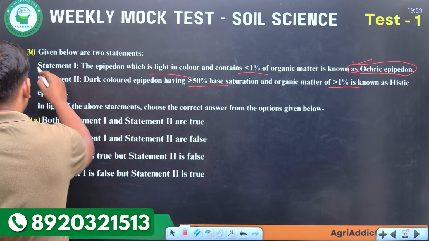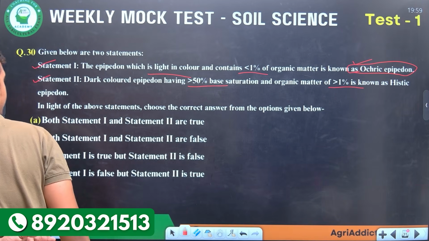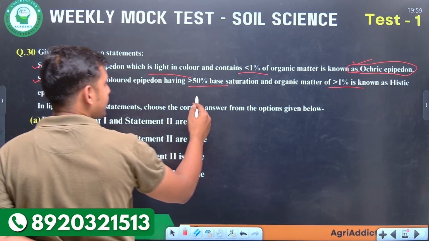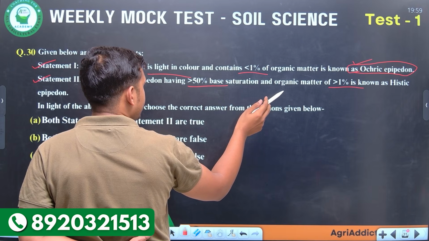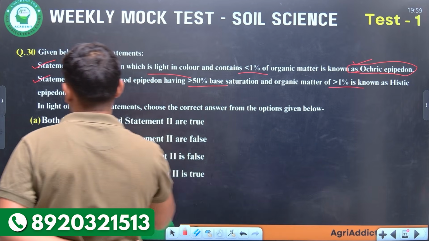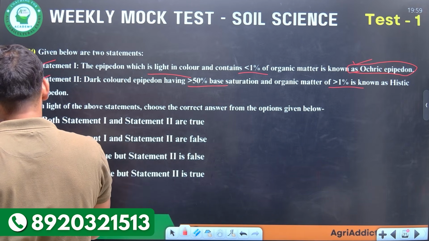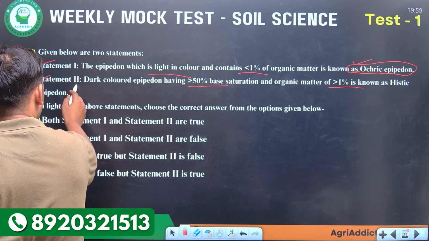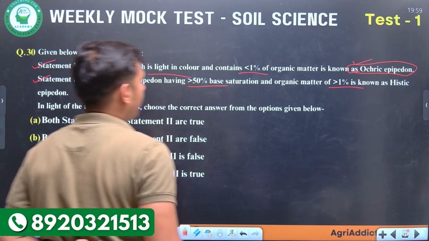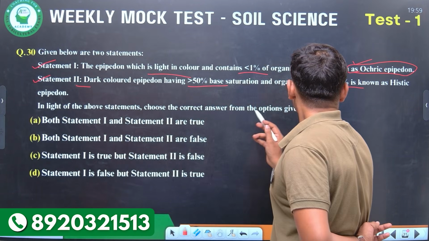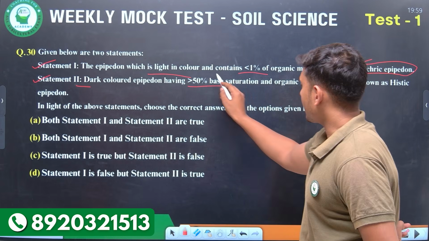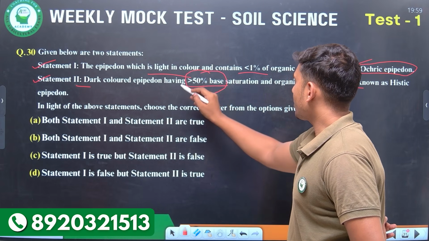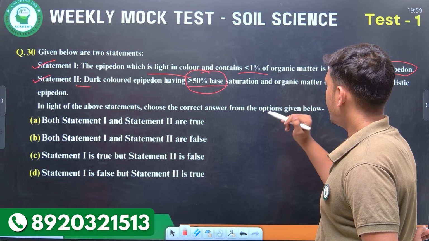This is correct, but statement 2 is incorrect. Actually, more than 50% base saturation, it is not histic. So in this case statement 2 will be false. Actually what happens is that in mollisol, in mollic epipedon, this occurs. In mollic epipedon there is more than 50% base saturation, not in histic.